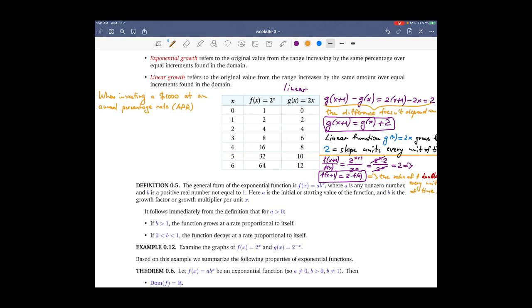Abbreviated as APR, of say 8%. The price P of the portfolio as a function of time.